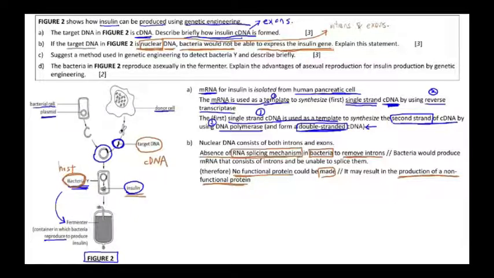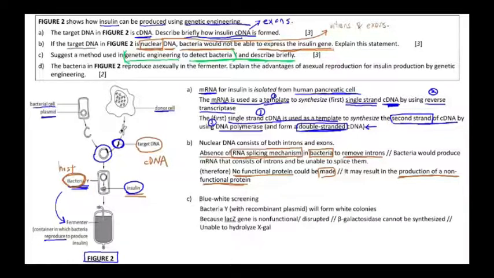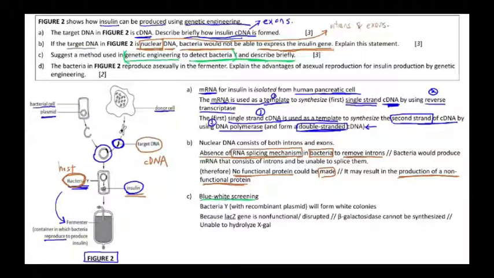The third question suggests a method used in genetic engineering to detect the bacteria Y. This is the first part of the question, and then you have to describe this method briefly. How can we detect which bacteria have the recombinant DNA that can make insulin? We use a technique called blue-white screening.